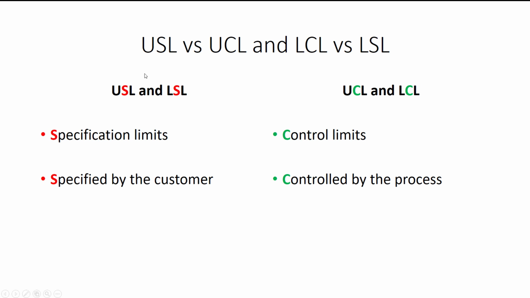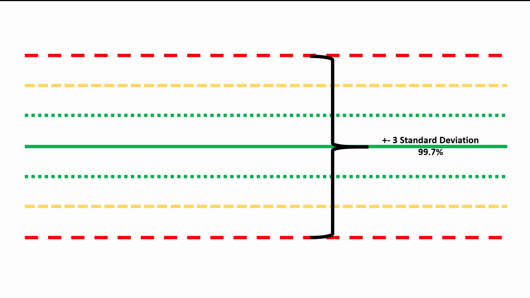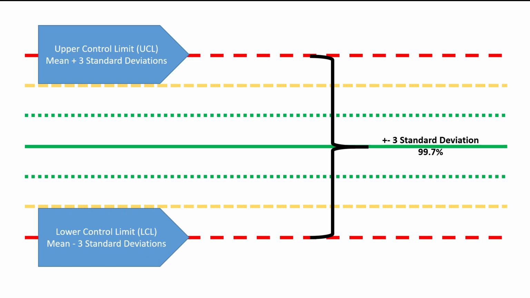So a couple of terms you'll need to know in this course. There's an upper spec limit and a lower spec limit, USL, LSL. Spec limits are specified by the customer. UCL and LCL are upper control limit and lower control limit, and these are controlled by the process. So our plus or minus three standard deviations, that is the upper control limit, the mean plus three standard deviations.